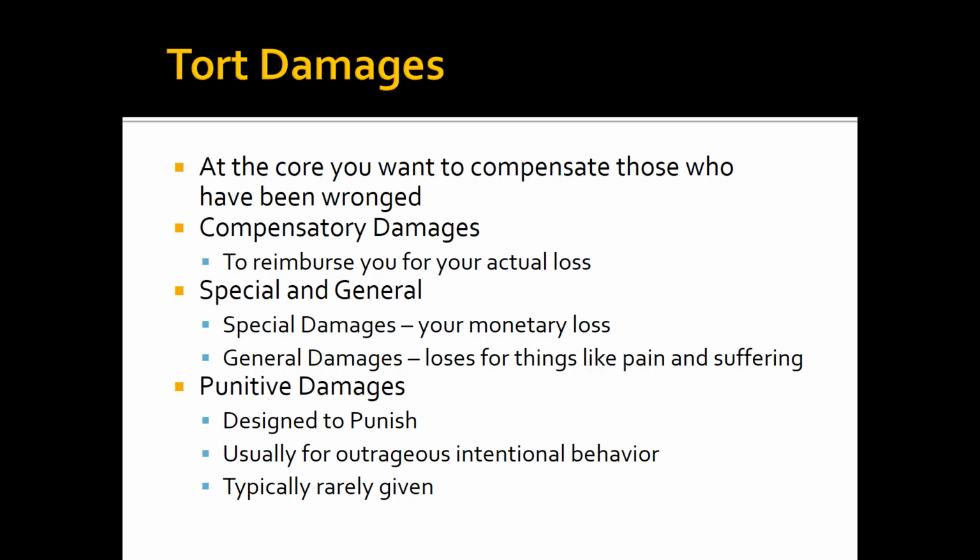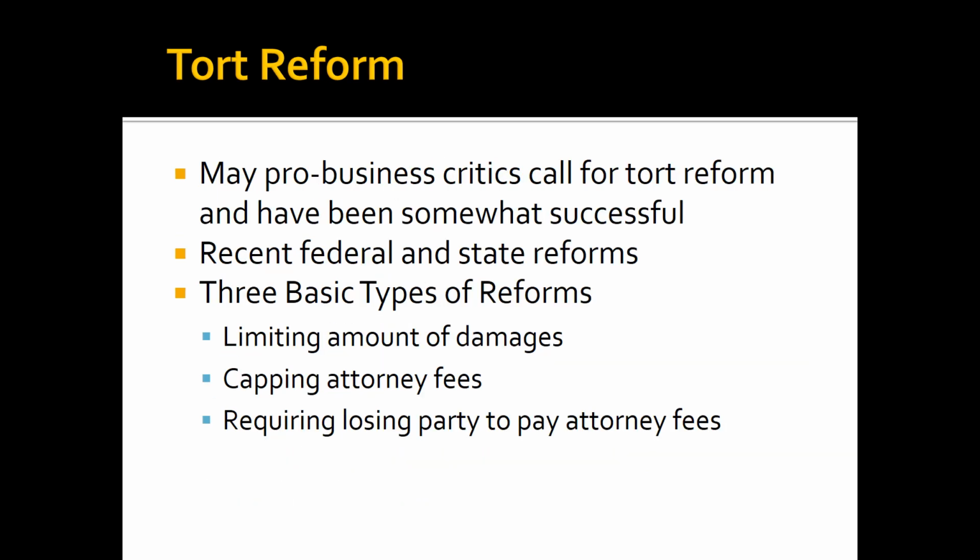However, in punishment for outrageous, egregious, intentional behavior, the threat of punitive damages can change major corporations or major individuals, important individuals, can change their behavior. We'll talk about that when we get to McDonald's coffee case coming up.